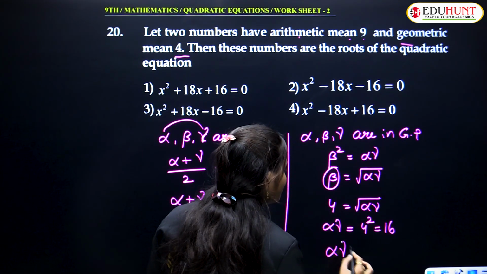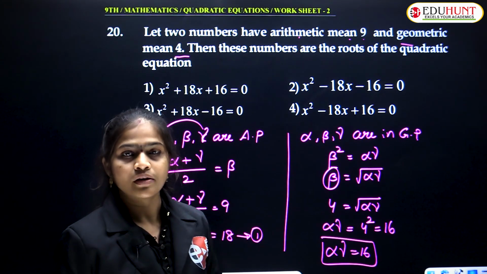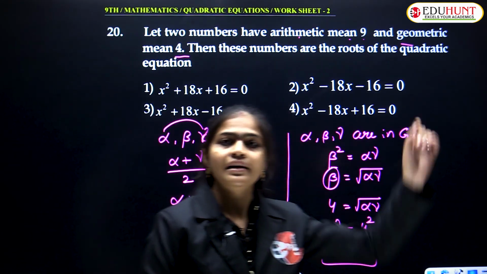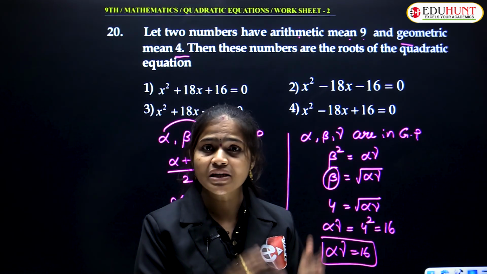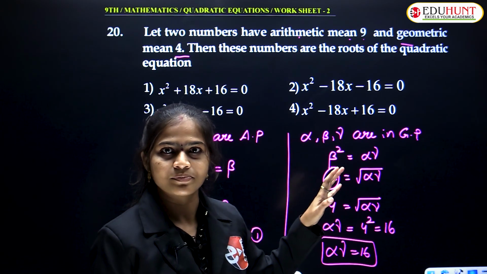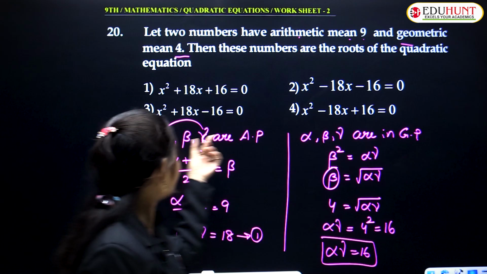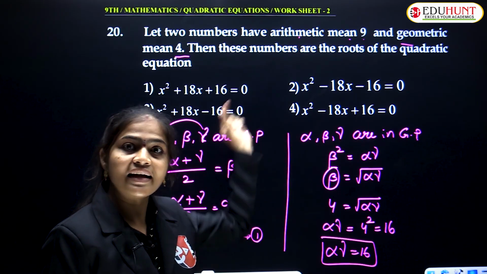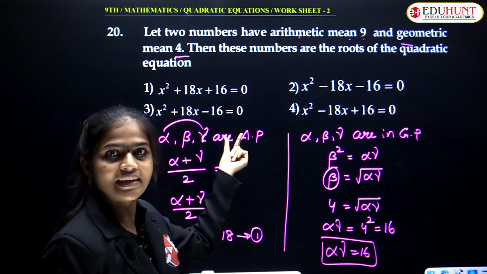So what are the two numbers? Here you may get a doubt: madam, every time we take alpha and beta as the roots. Why? Because every quadratic equation has two roots, we know that. But children, observe carefully: here I didn't take those as the roots. These three are values in the AP condition. Just to get that condition I took three numbers.